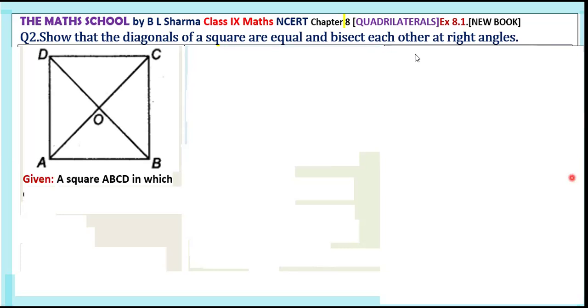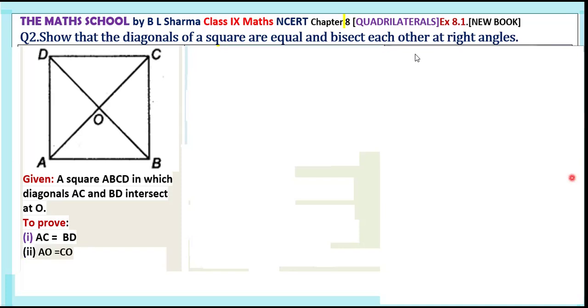A square ABCD in which diagonals AC and BD intersect at O. To prove: number one, diagonal AC is equal to BD. Number two, diagonals bisect each other, means AO is equal to CO and BO is equal to DO.